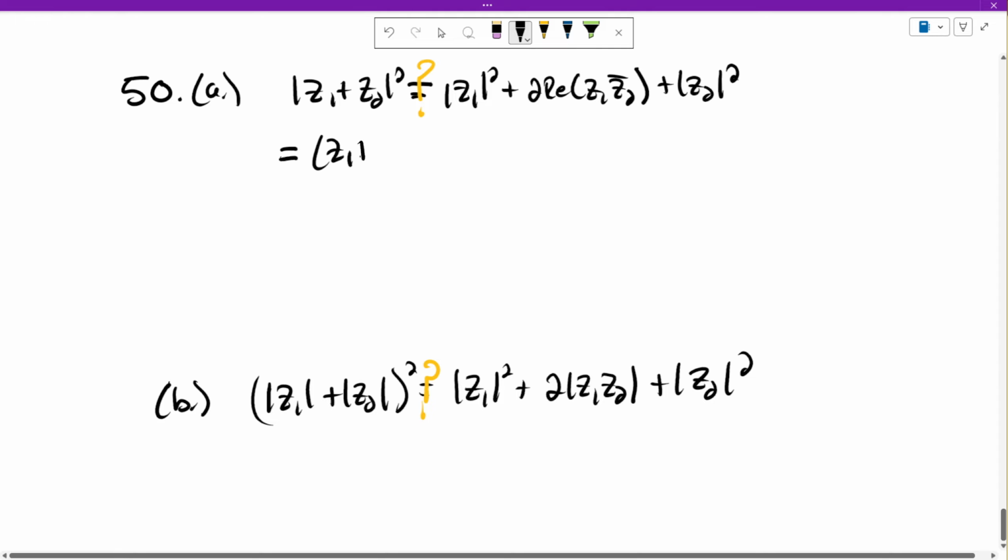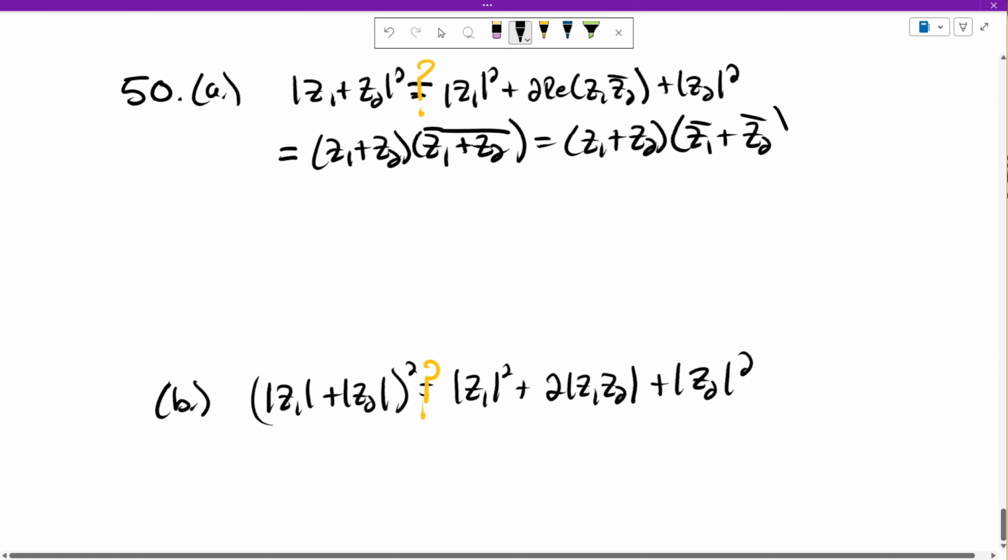The modulus of z1 plus z2 squared is z1 plus z2 times the conjugate of z1 plus z2. But conjugate breaks up under addition, so it's z1 plus z2 times z1 bar plus z2 bar.